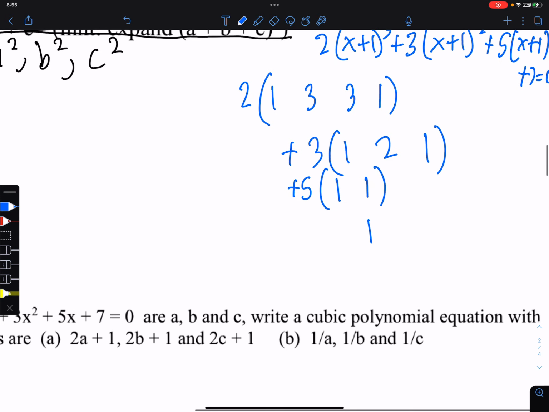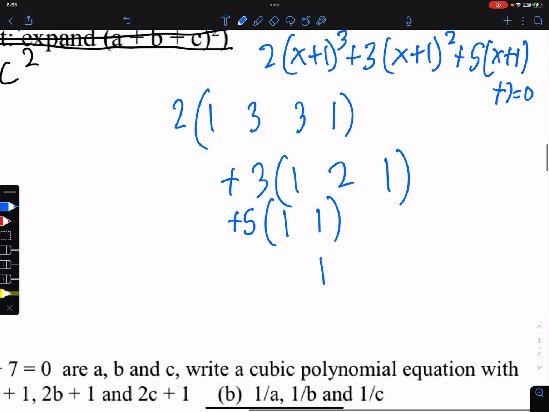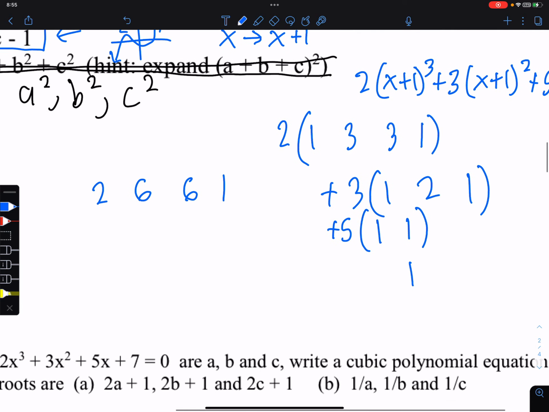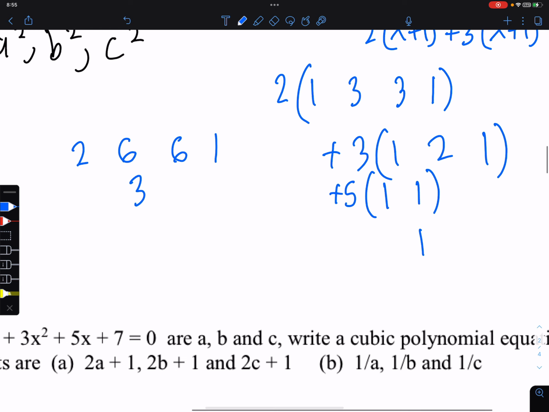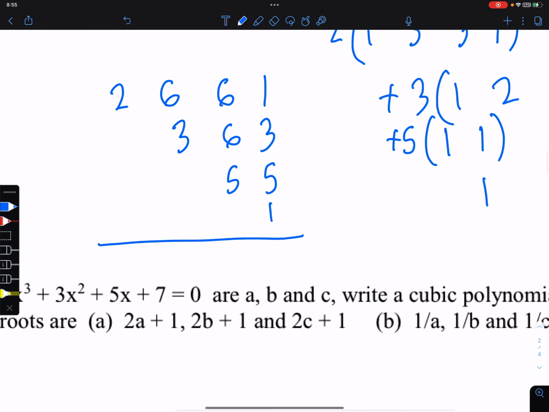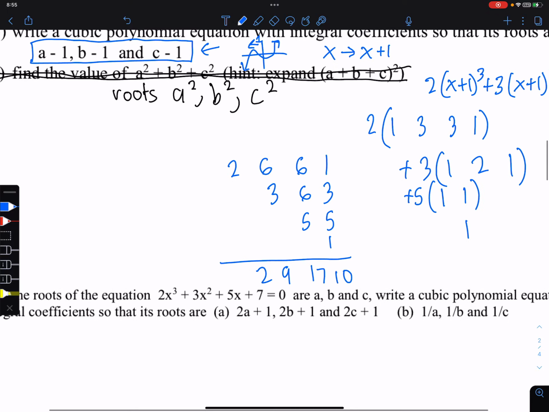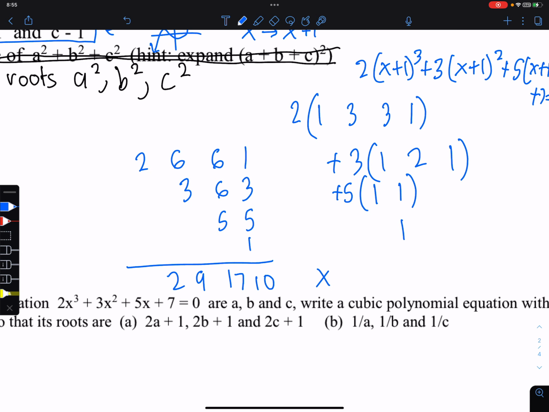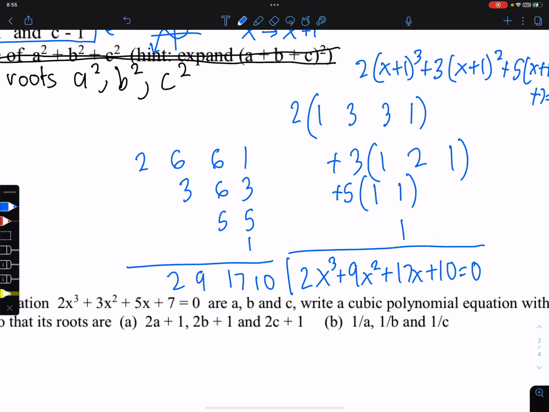I'll do this over here. This is quite space intensive. 1, 3, 3, 1, then we get 3, 6, and 3, and then we get 5 and 5, and then we get 1. So we get 2x cubed plus 9x squared plus 17x plus 10 equals 0, and that's it.